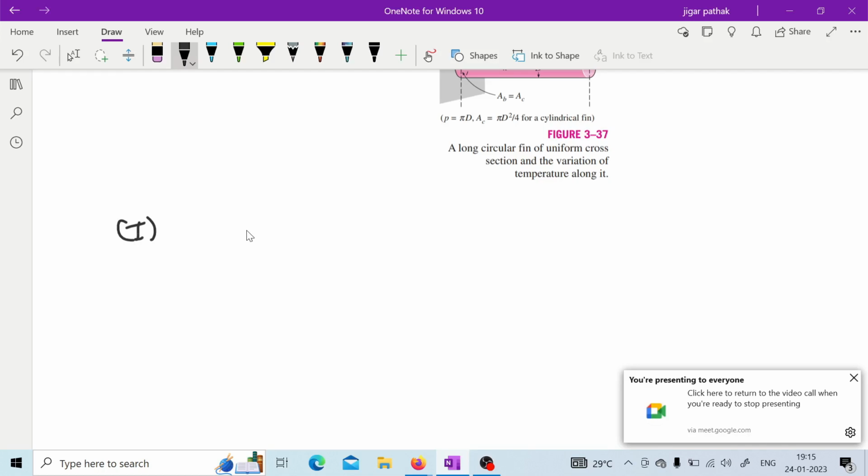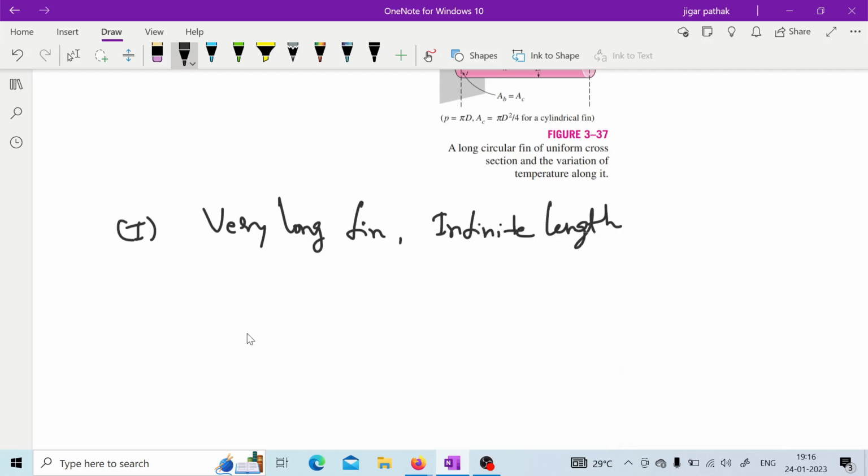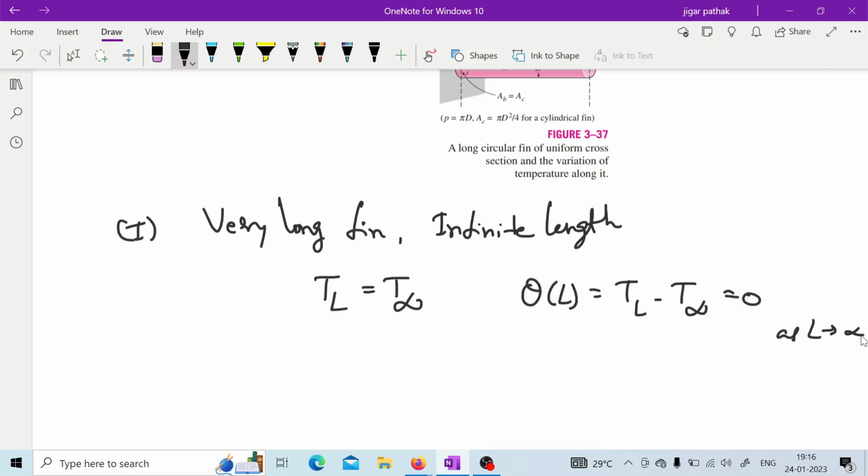So first case, if we consider a very long fin, let us say infinite length, then at infinite length the temperature will of course be equal to the ambient temperature. So TL will be equal to T infinite, which is the ambient temperature, at that very long length. So theta L will be equal to TL minus T infinite, which is equal to 0, as L is going to infinity.